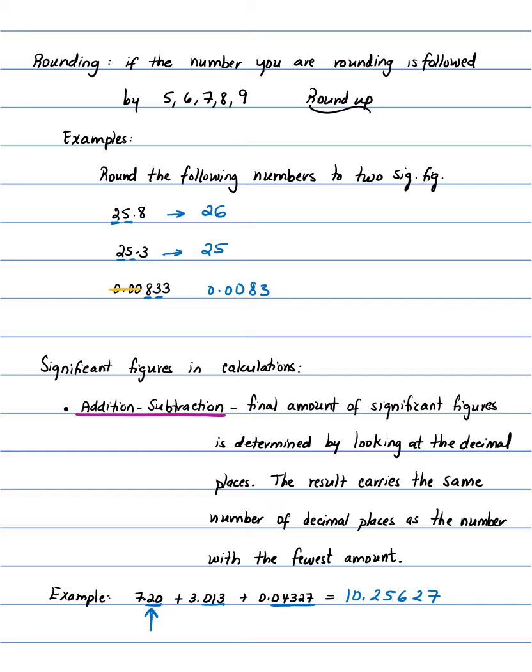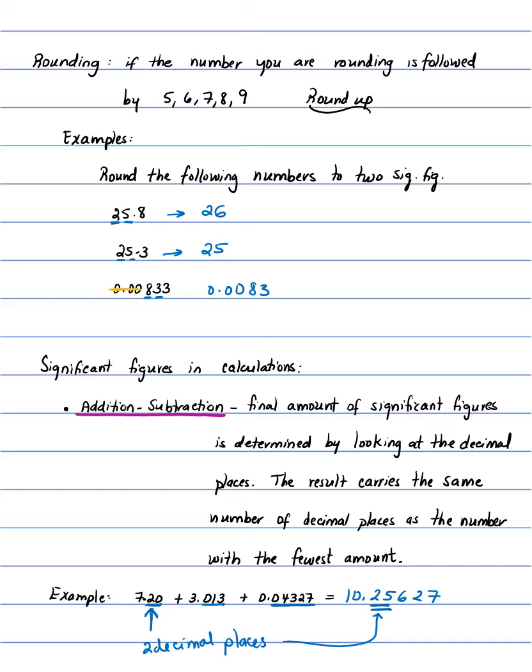That's what I'm getting from the calculator, but that's not the correct answer. Your final answer needs to have the same number of decimal places as the number with the fewest amount. 2 decimal places. 2 decimal places here. And you're keeping 2 decimal places.